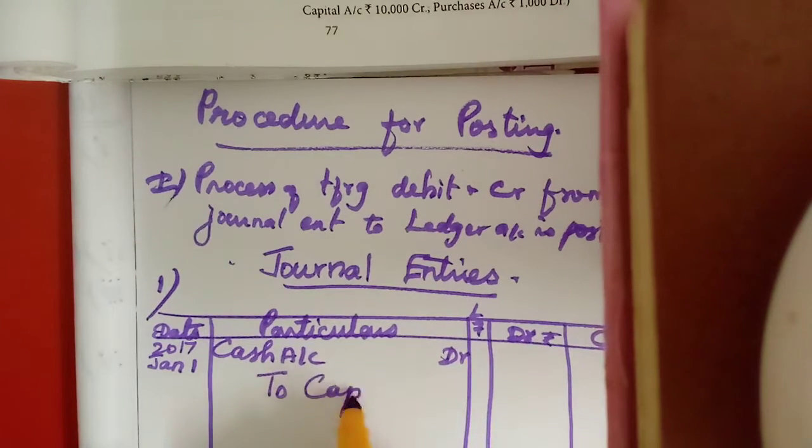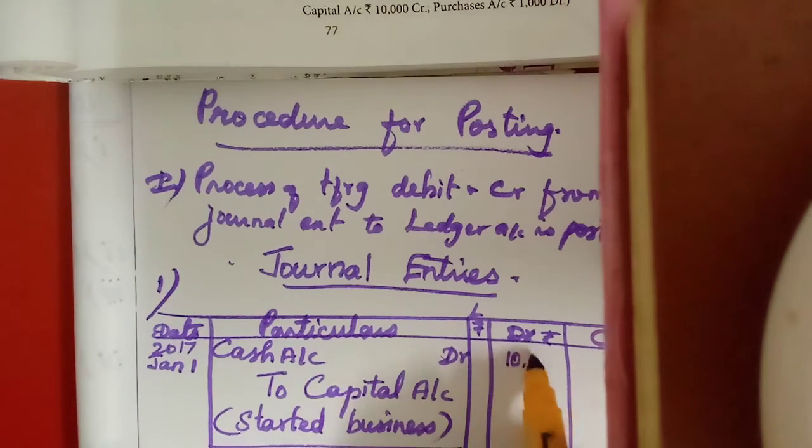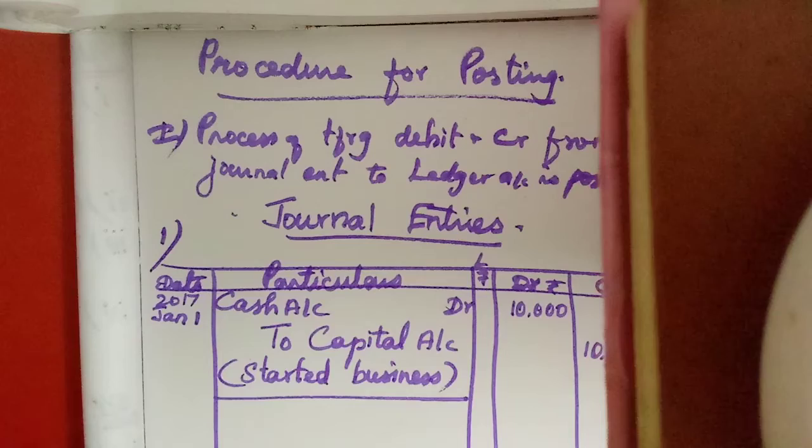The person's name is not given, so simply we can write capital account. Started business, in short we can write. Then draw a line, then write the amount 10,000, first on the debit side, here on the credit side, straight to capital account. One entry over.